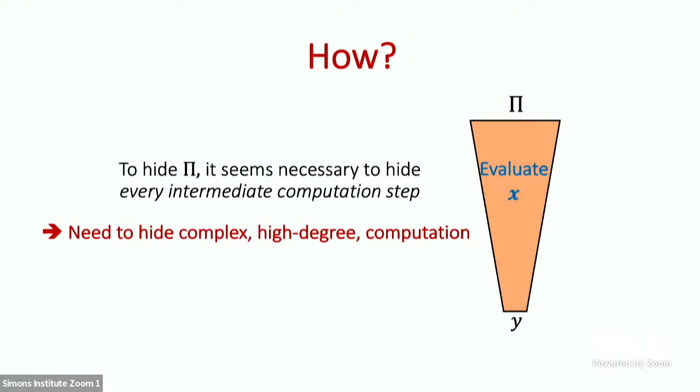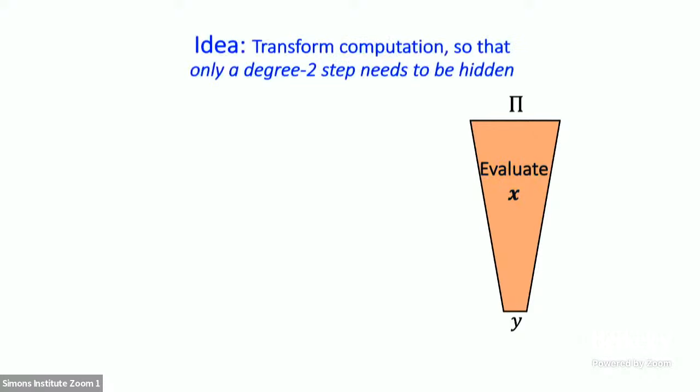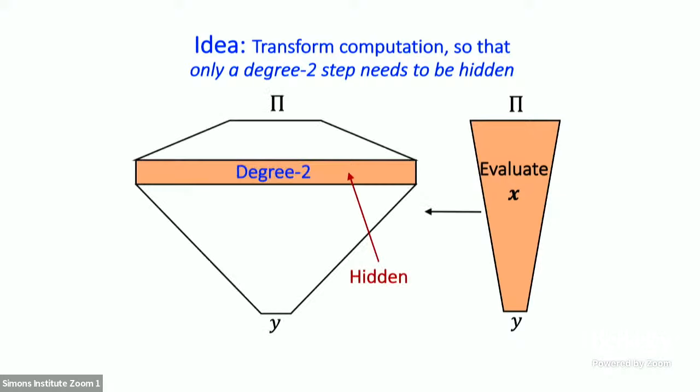Now, this is rather daunting to tackle right away. And the key idea is that we're trying to transform this very complex computation into another one so that only a very simple intermediate step of just degree 2 needs to be hidden. And the rest of the computation can just be done in public securely.